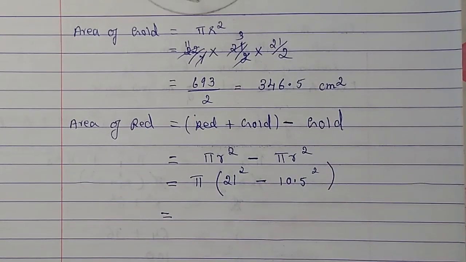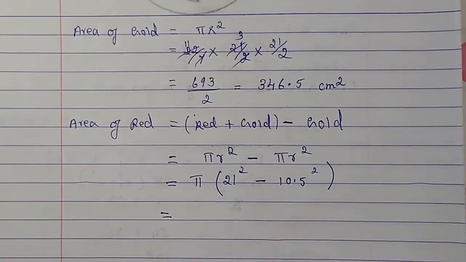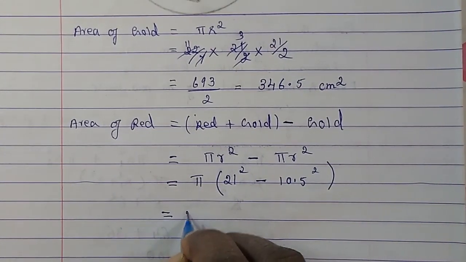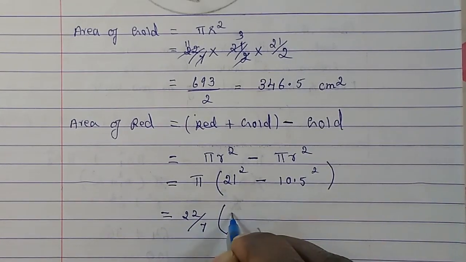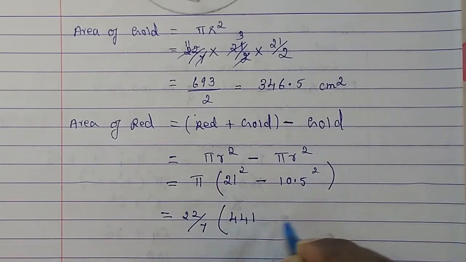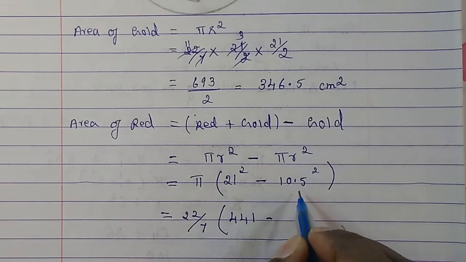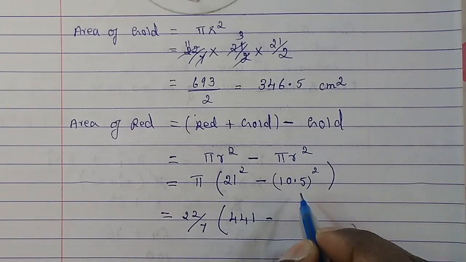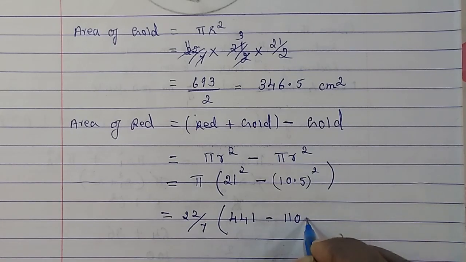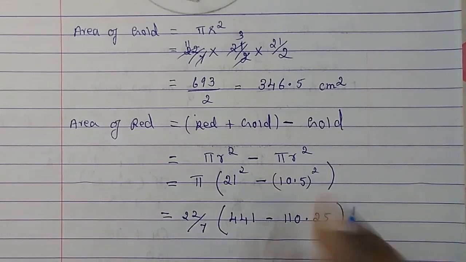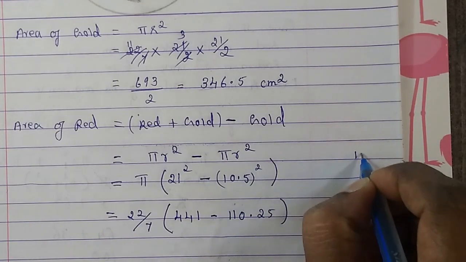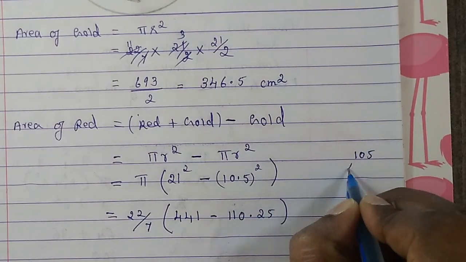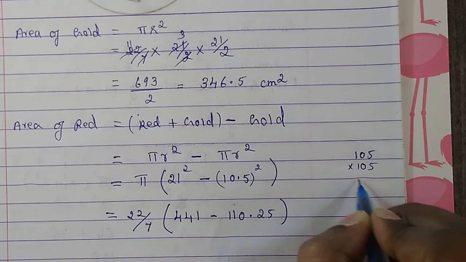So now let's put in the values. Pi value is 22 upon 7. 21 square will give us 441, minus 10.5 square, which gives 110.25. If you don't know how, remove the decimal and multiply the number twice.